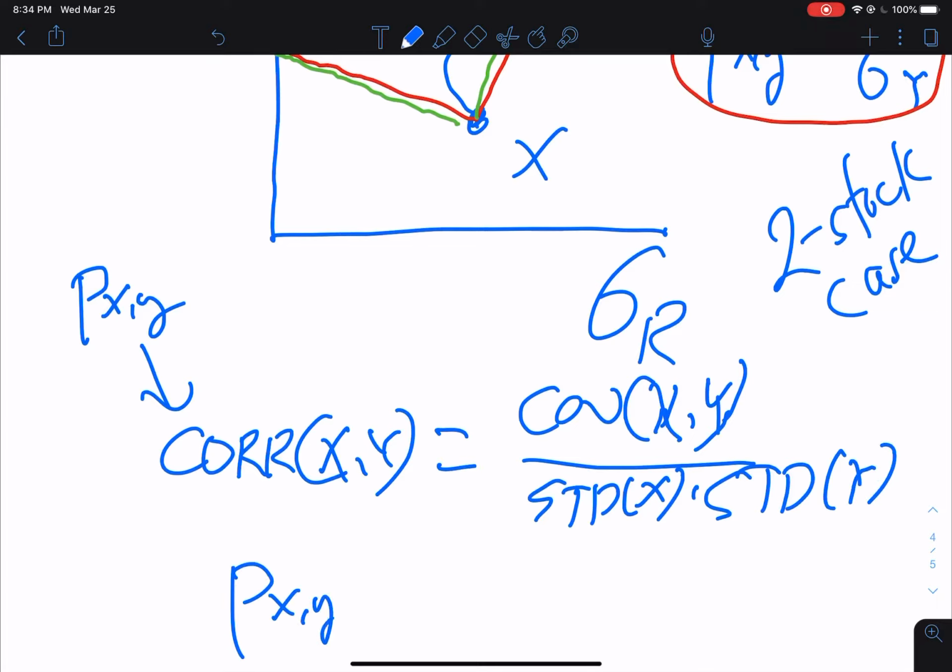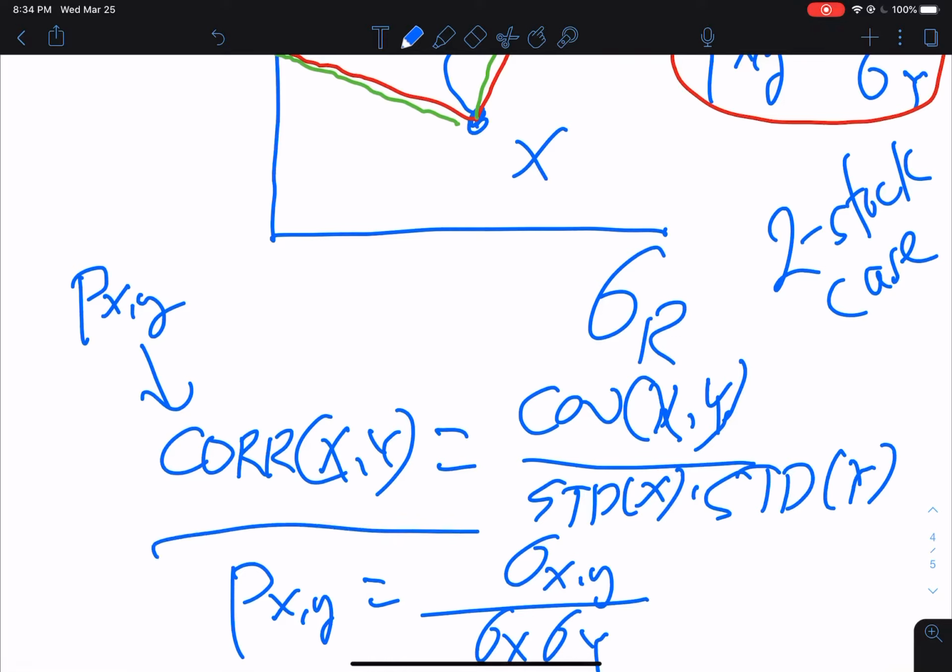Rho X comma Y equals covar XY divided by sigma X times sigma Y. That's the same formula, just different notation.